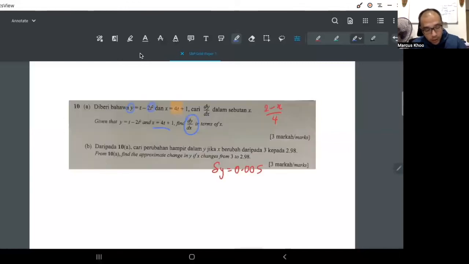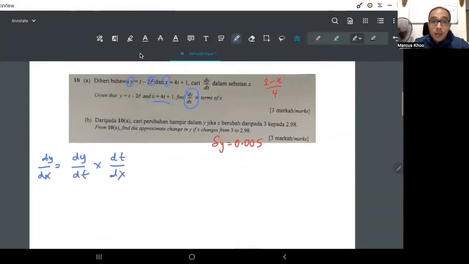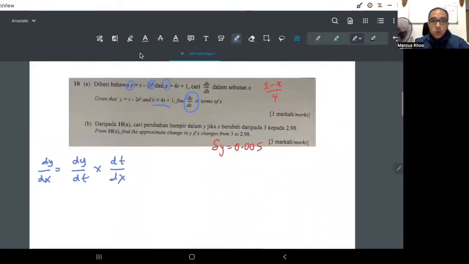So if you want dy/dx, you have to find dy/dt times dt/dx. A couple of ways to do this. Of course, you can find dy/dt, then find dx/dt, and then flip it to get dt/dx.